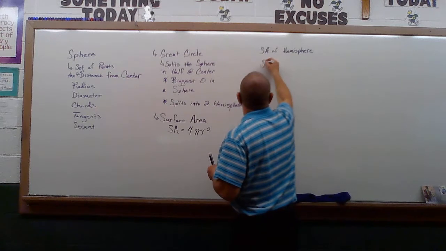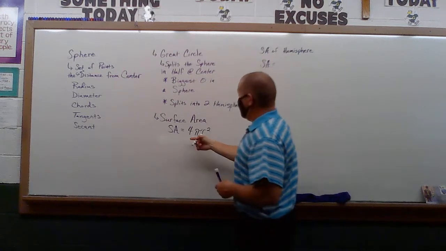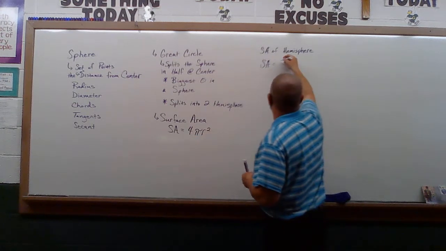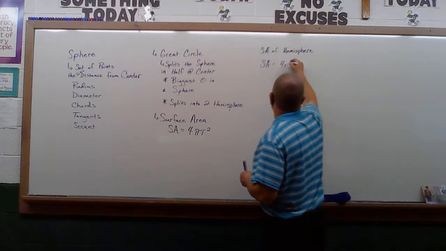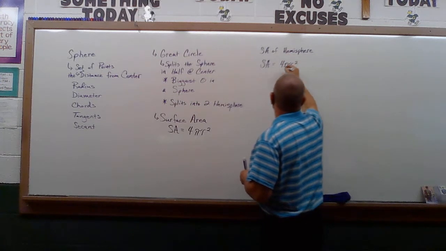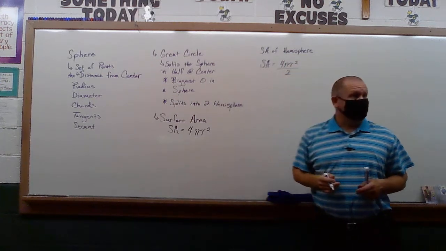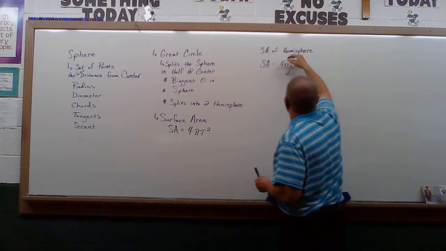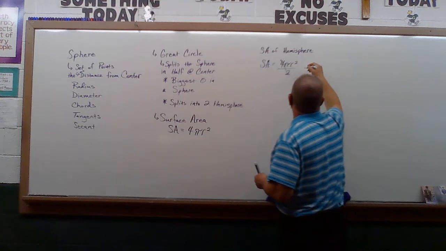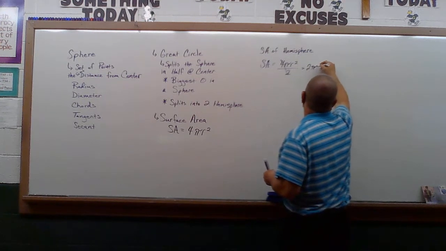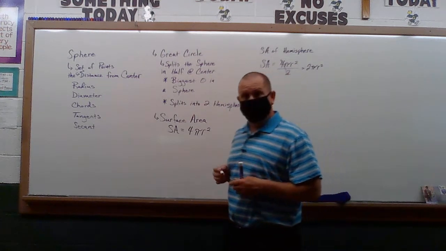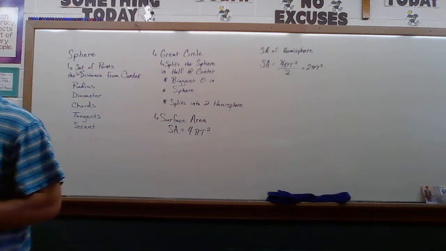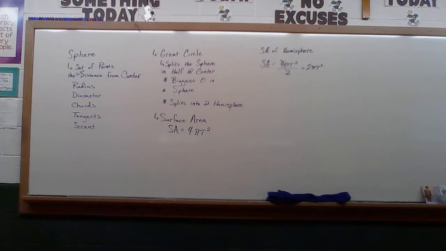So if my surface area for the entire thing was 4 pi r squared, what would I have to do to 4 pi r squared? I'd have to divide by 2, right? Because I'm cutting it in half. So my 4 divided by 2 is really going to make this 2 pi r squared. Everybody agree with that?